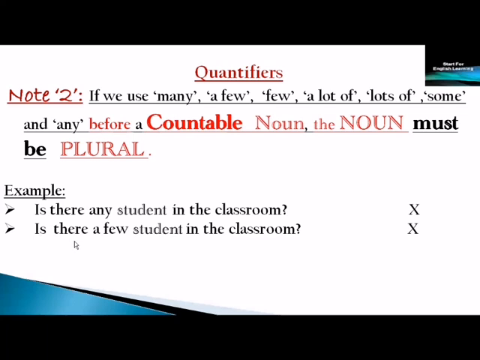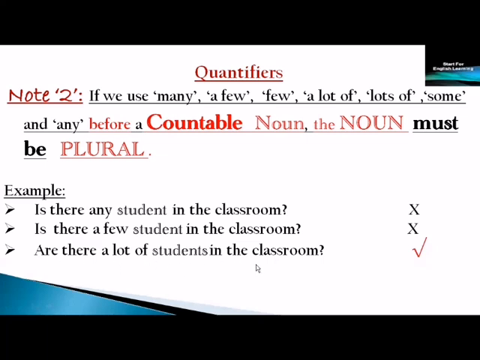So what should be, are there a few students in the classroom? Are instead of is. There a few students, plural, not singular, in the classroom. That's why it's an incorrect form of the question.